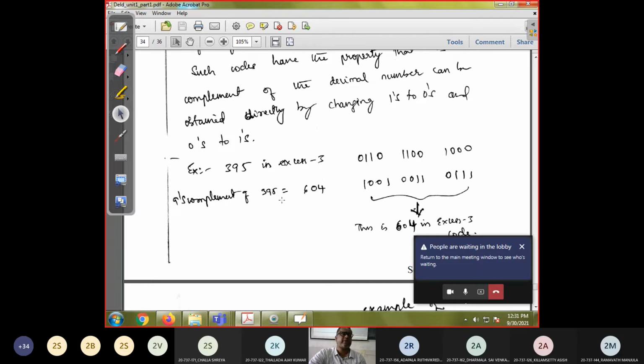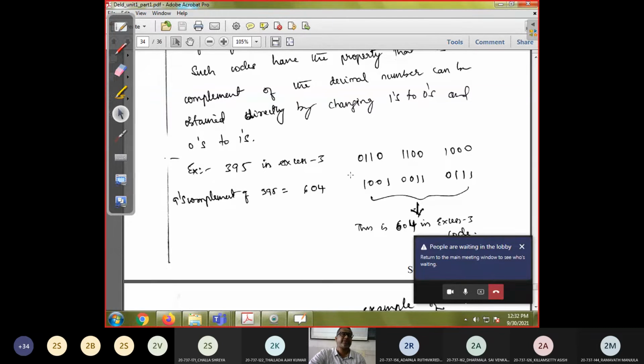You know how to compute the 9th complement, right? How to compute the 9th complement of a decimal number? Subtract the given number from those many digits of 9. Subtract 395 from 999. What do you get? 604. So this is the XS3 code for 604, which is the 9th complement of 395.